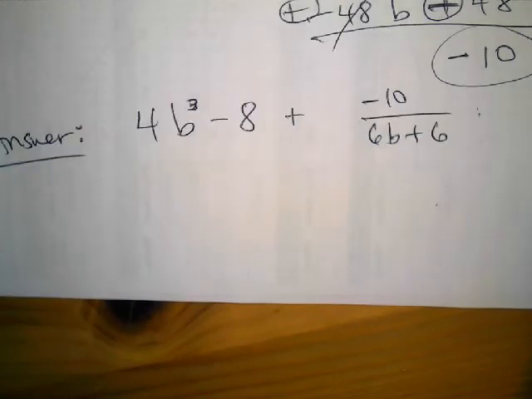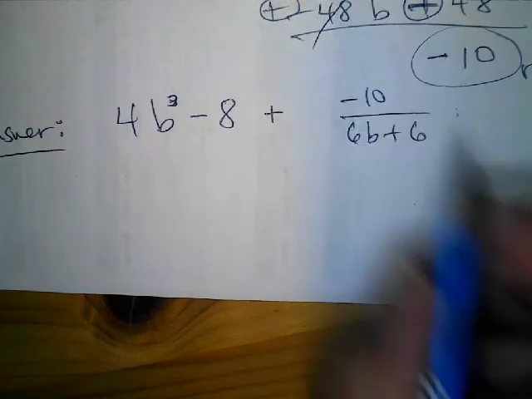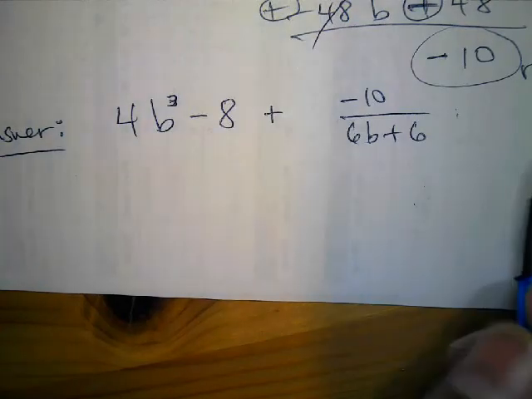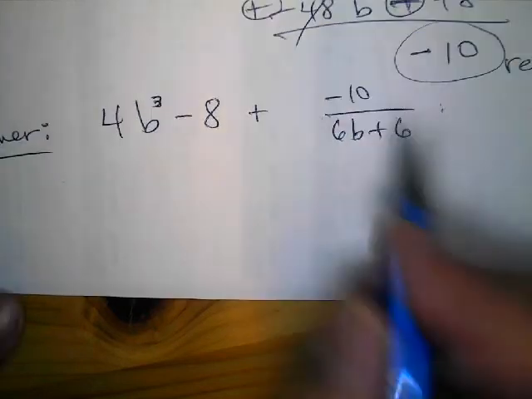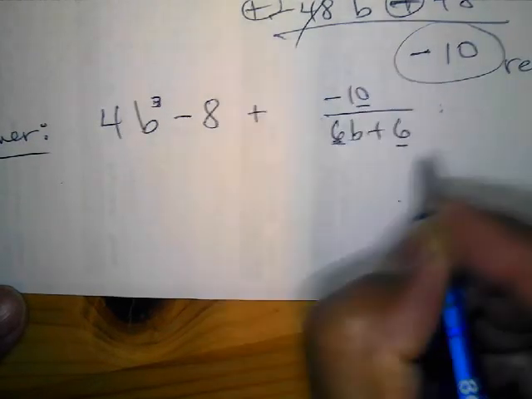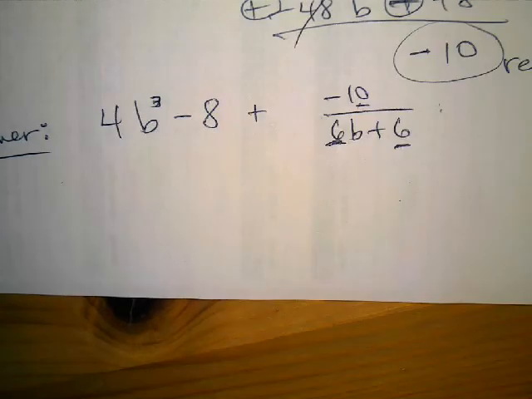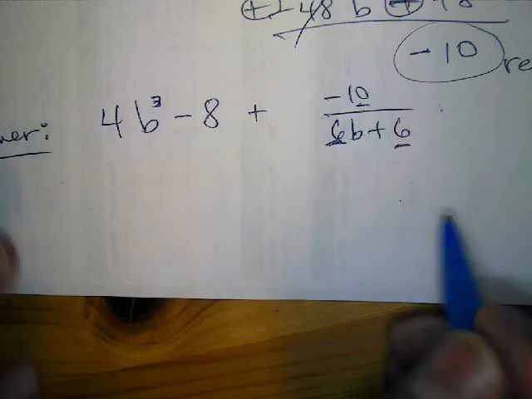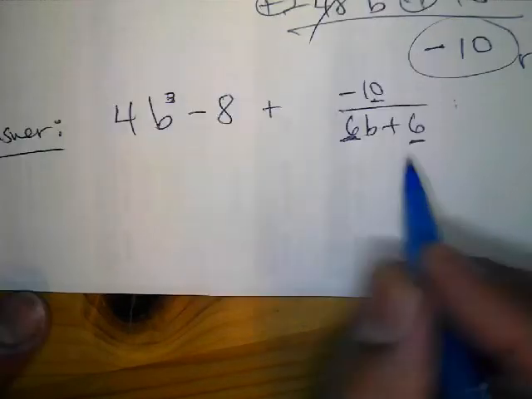But that's not what you'll see in the answer sheet. The reason is this. We can reduce all of these. There's a common factor for all of these. If you look at these numbers, they're all even. We can reduce all of them by 2.